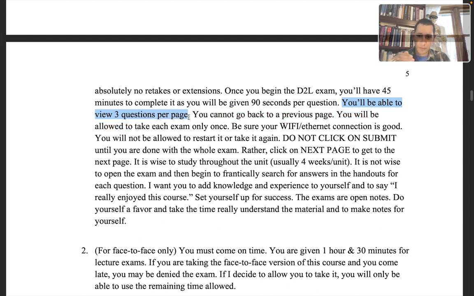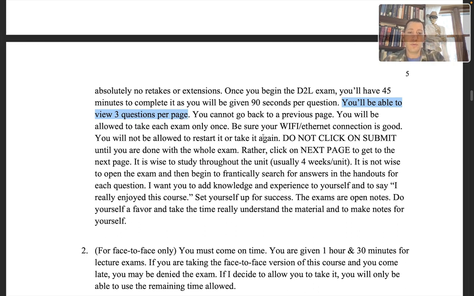You can view 3 questions per page, but you can't go back. But you can edit those answers within that page. You can change your answers on that particular page as long as you haven't submitted or gone to the next.